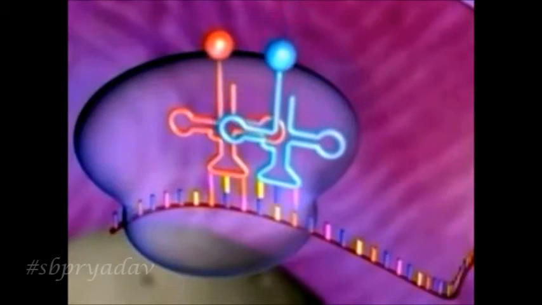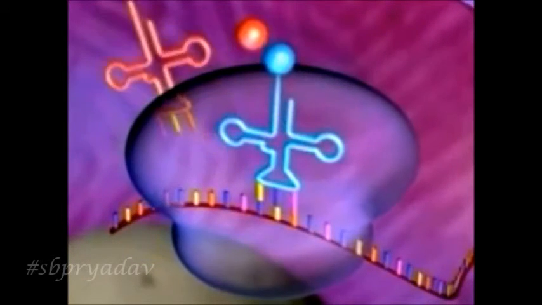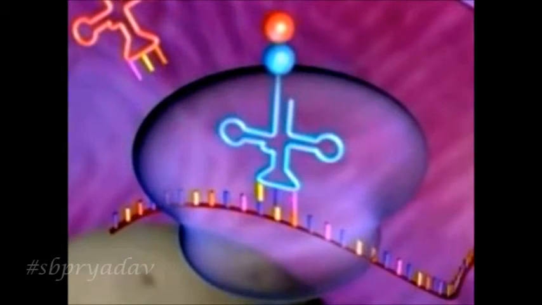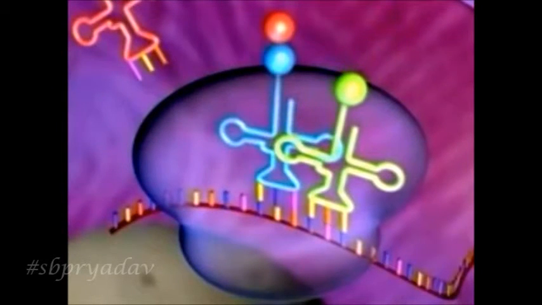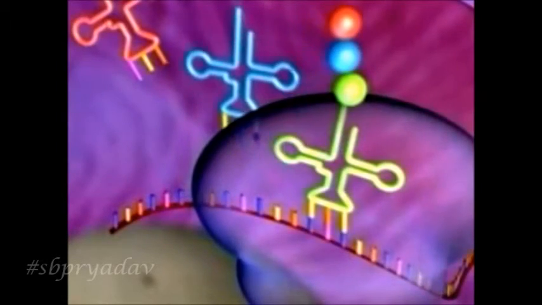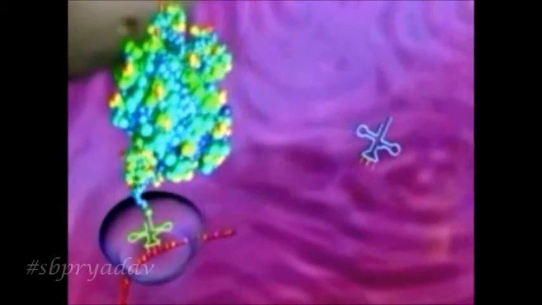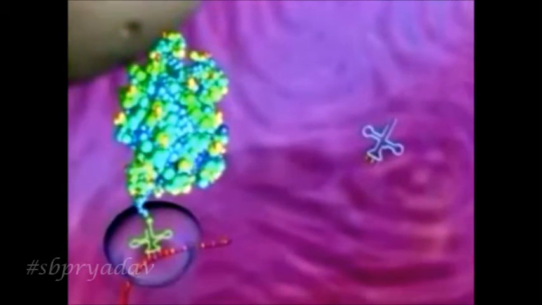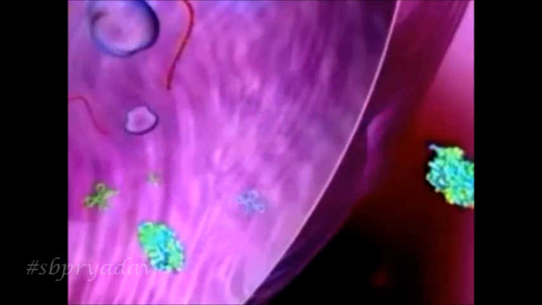tRNA molecules help translate the language of DNA and RNA into the language of proteins. tRNA molecules bring the right amino acids that the ribosome links together to make a protein. Proteins are the laborers. Some form structures like tendons and hair. Others perceive light, scents, and flavors, control chemical reactions, and carry messages between cells.